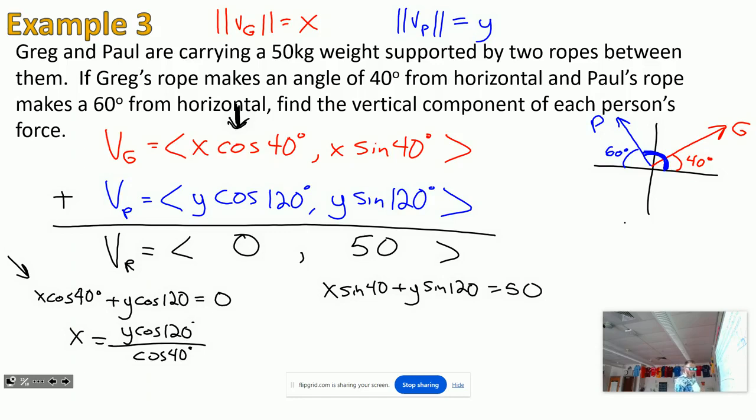There we go, I just solved for x in one equation. Now you plug that in for x in the other equation. It's going to get a little messy, but don't worry, we'll get there.